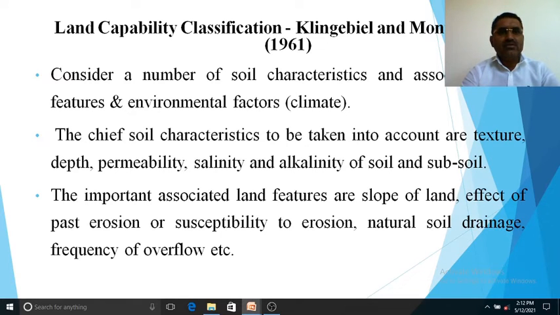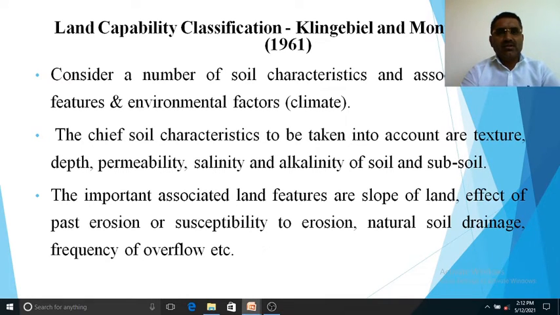Next one is to consider a number of soil characteristics and associated land features and environmental factors. Soil itself is not sufficient for producing any crop, but other supporting factors are also associated, particularly environmental factors, and typically we are thinking of climate.